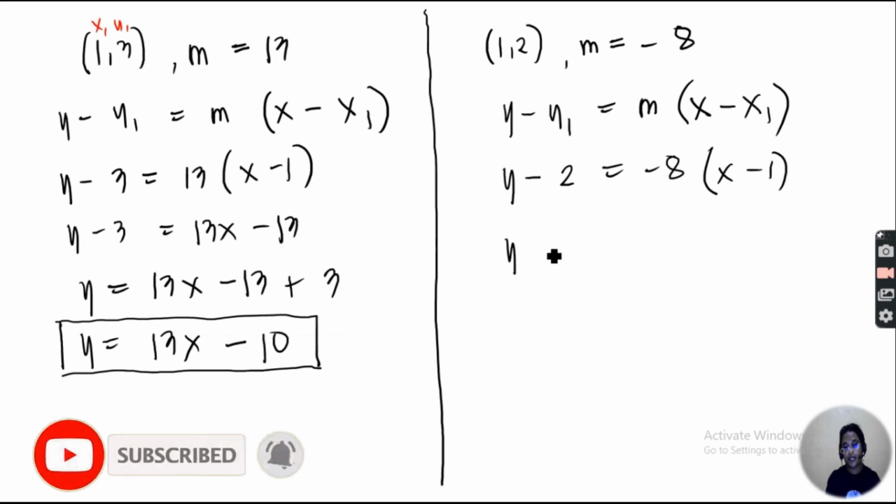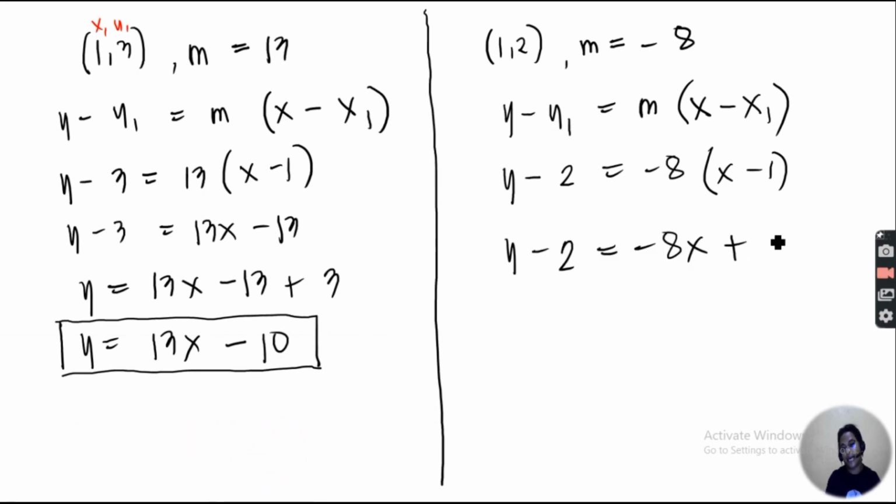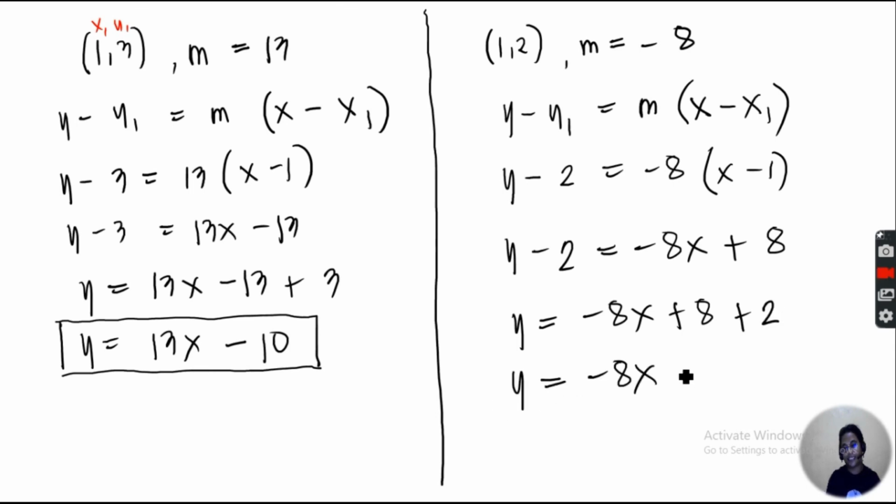So, we have y minus 2 is equal to negative 8x plus 8. Plus na po kasi negative 8 times negative 1 is positive 8. Then, we have y is equal to negative 8x plus 8 plus 2. So, we have now the equation y is equal to negative 8x plus 10 po.